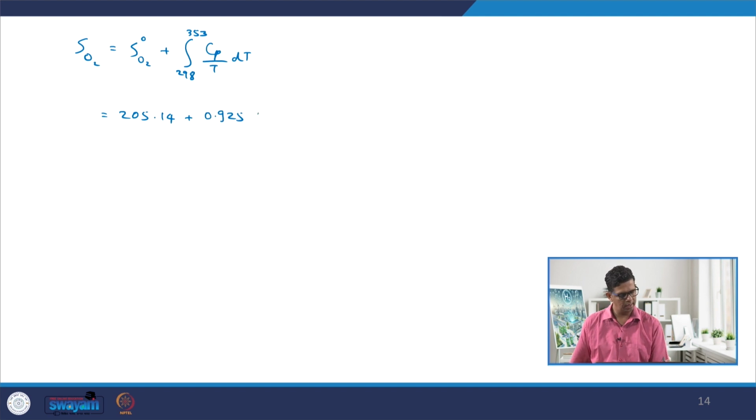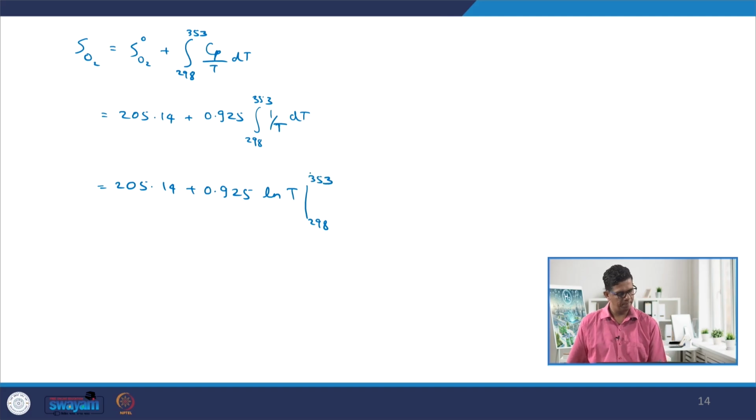So this is again integration of 1 over T dT, 298 to 353, and this is 205.14 plus 0.925 ln of 353 by 298.